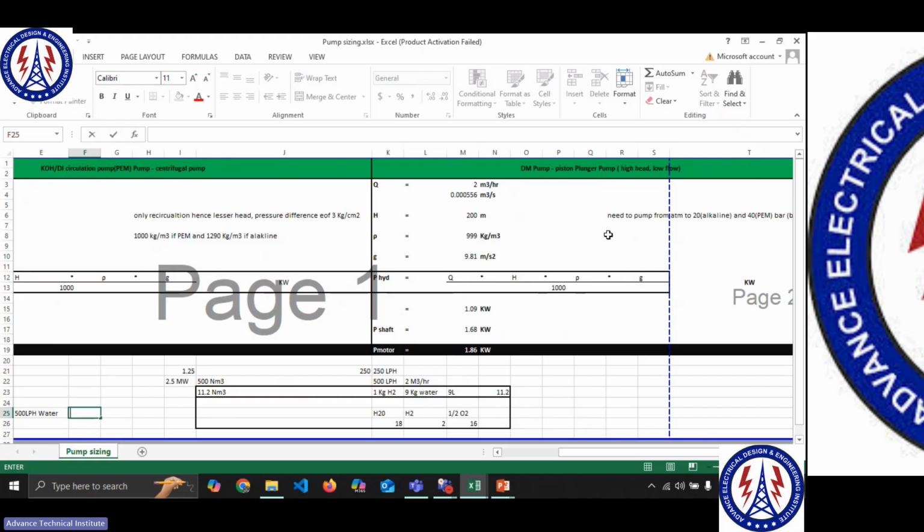Otherwise, can you feed it into the separator? Are you getting my point? So 500 liters of water in 15 minutes. Now 20 bar means 200 meters.